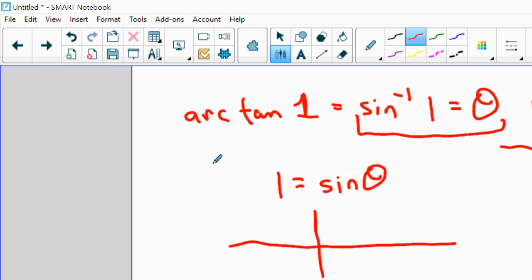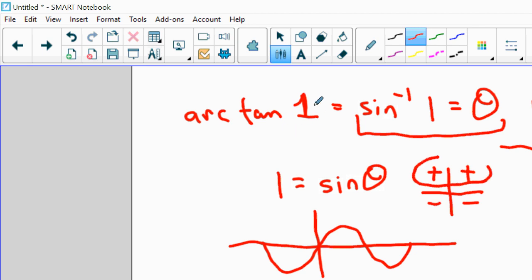And then you're like, I know what sine looks like. I know sine, all students take calculus, is positive in the first and the second. The range of inverse is first and fourth. Therefore, theta is in the first.